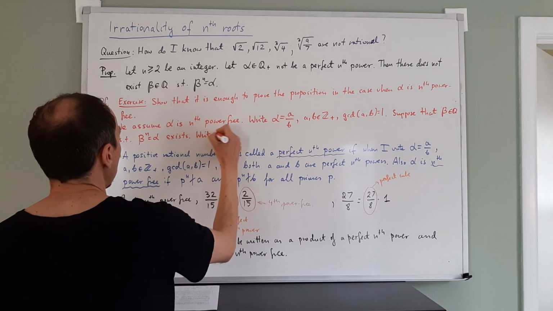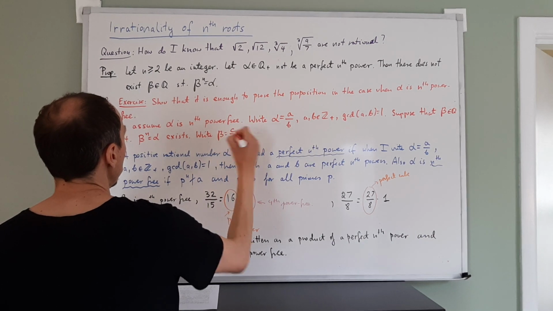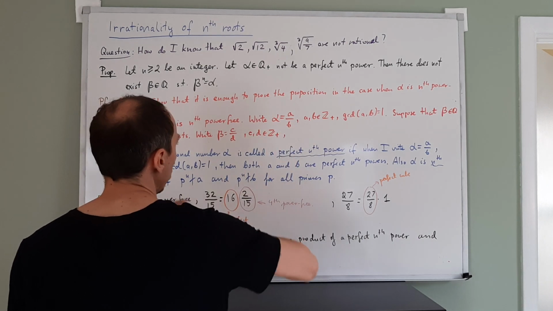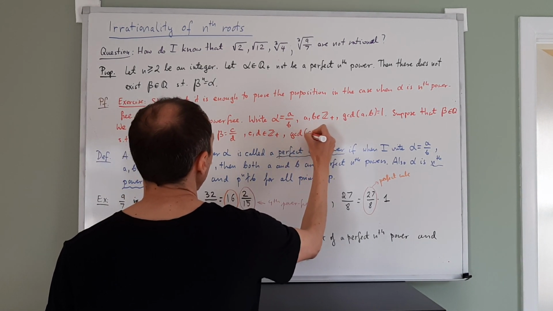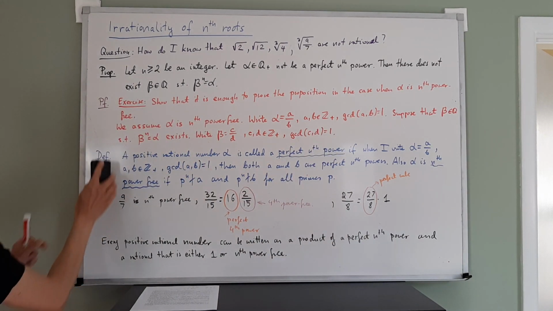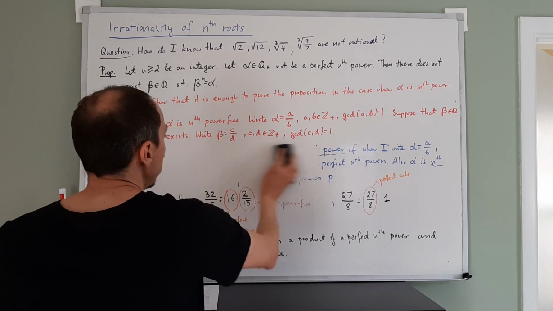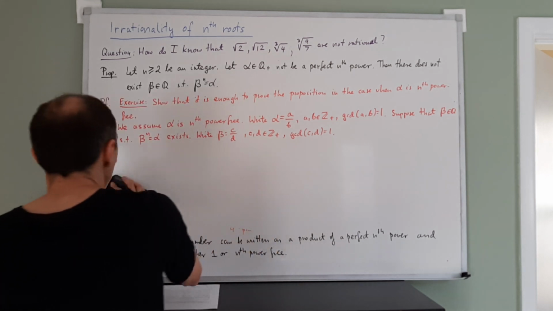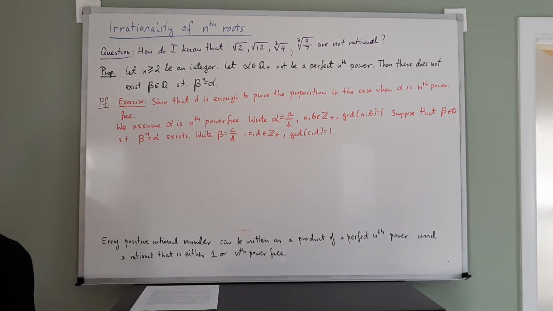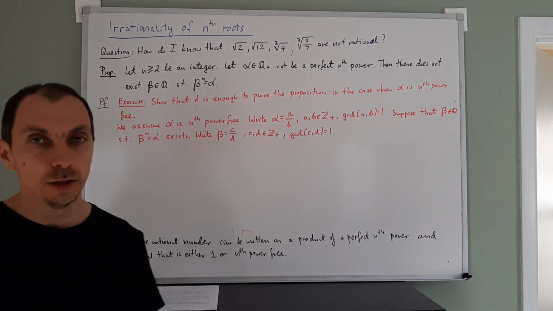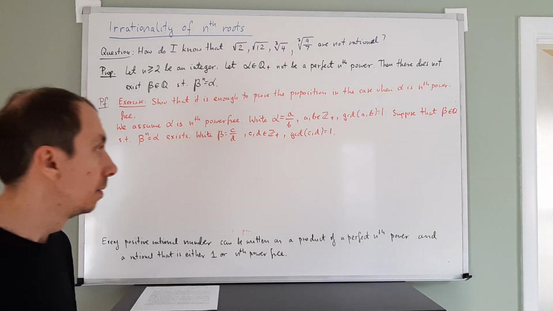And we write beta similarly to alpha, so c over d, with c and d positive integers, and the GCD of c and d being 1. There are two cases to the proof of this proposition. The first case is when alpha is greater than 1, which is the one I'm going to show you, and the second case is when alpha is equal to 1, which is the case I leave to you.